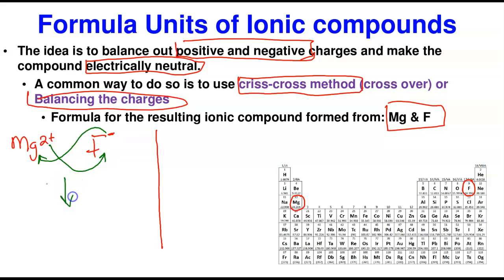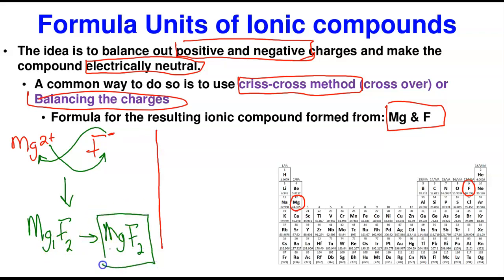So I'm going to form a compound that has magnesium as 1, but you don't usually write it, and fluorine as 2. Of course, you don't put the 1, so MgF2 becomes the formula. This is magnesium fluoride.